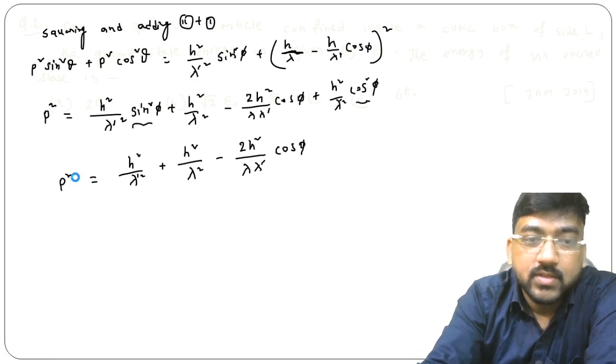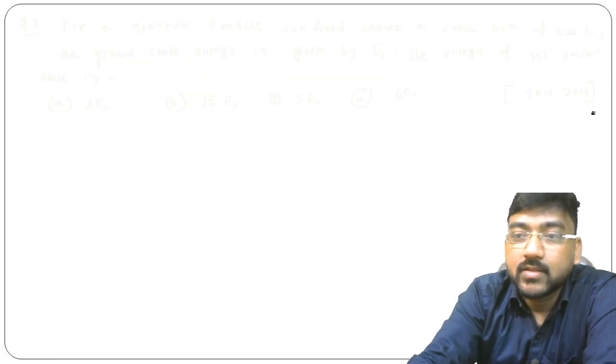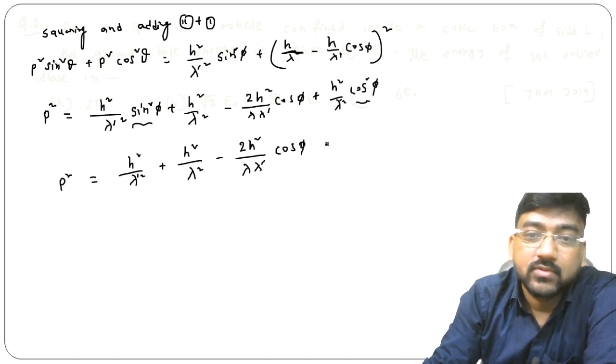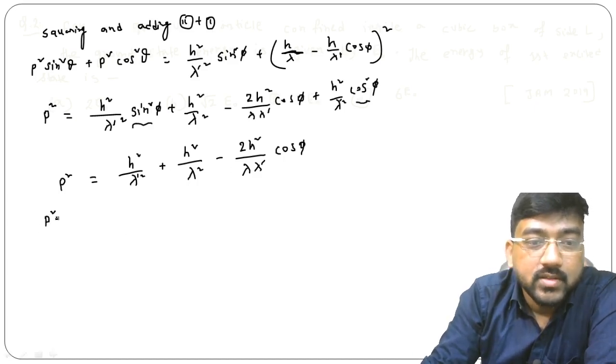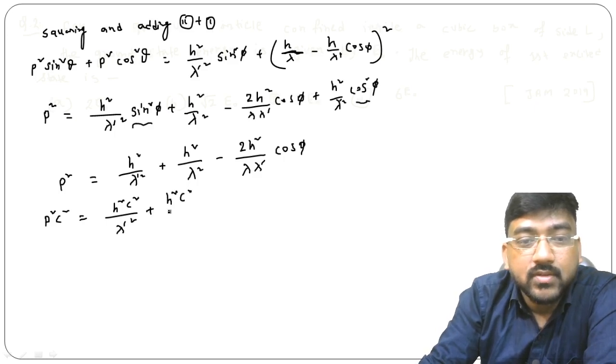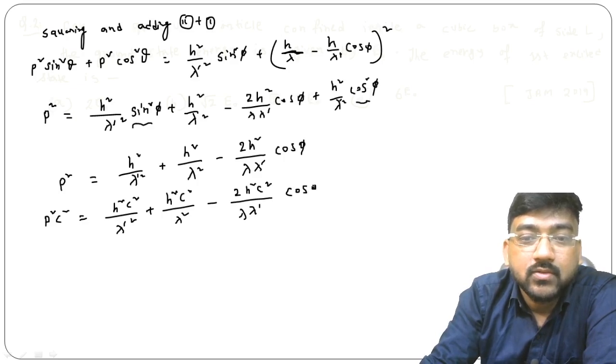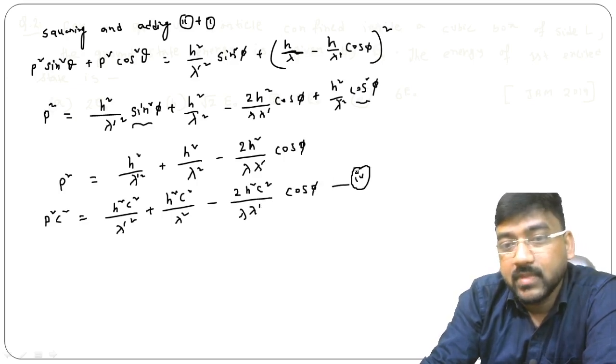Now if you see the energy equation, here we need p square c square, so let us multiply this equation with c square. So you will get p square c square equal to h square c square upon lambda dash square plus h square c square upon lambda square minus 2h square c square upon lambda lambda dash into cos phi. So let us take this as equation 4.